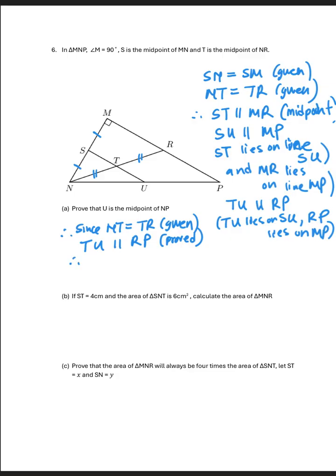Therefore, it follows that NU is equal to UP. Reason, converse midpoint. Therefore, we can conclude that U is the midpoint of NP.